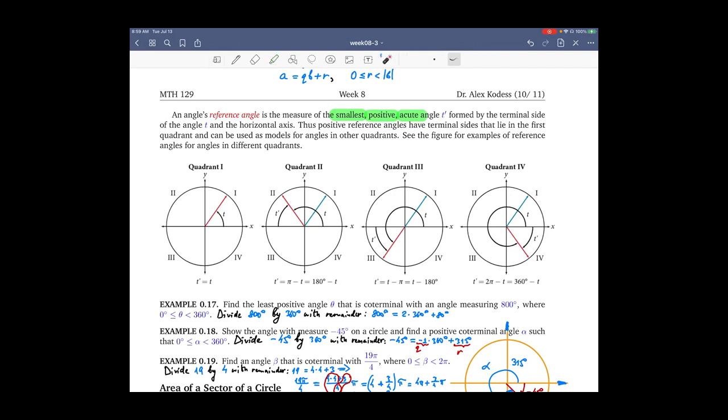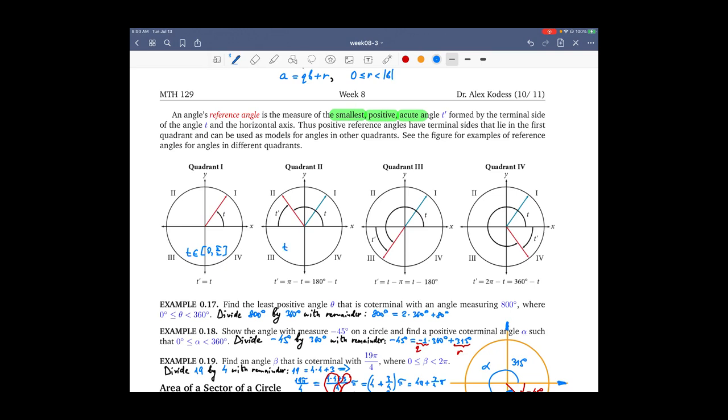For instance, when your angle is itself in the first quadrant, when t is in the interval 0 pi over 2, its reference angle is itself.